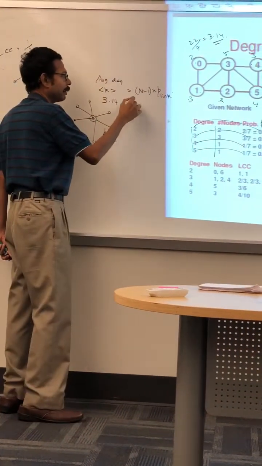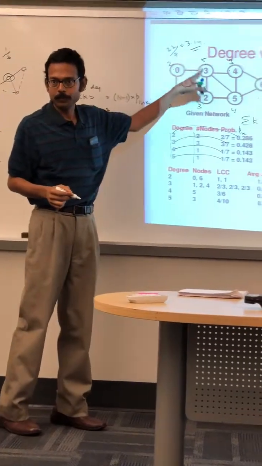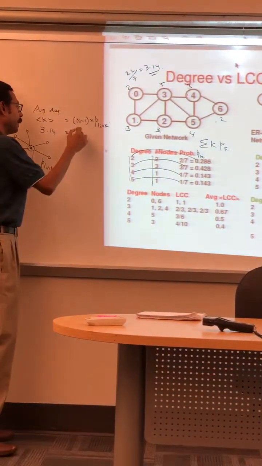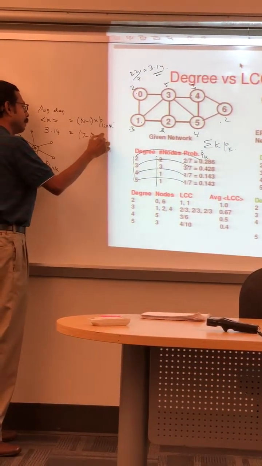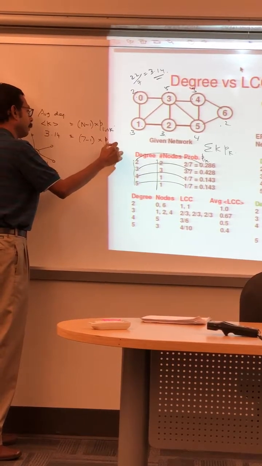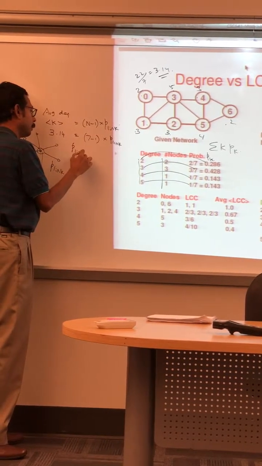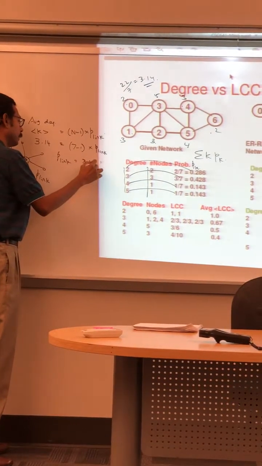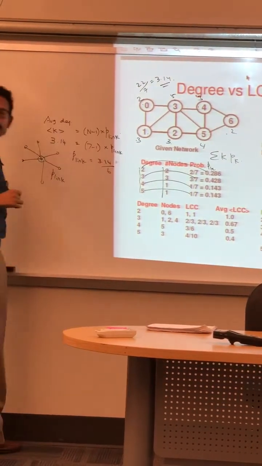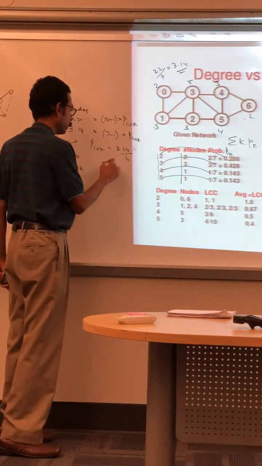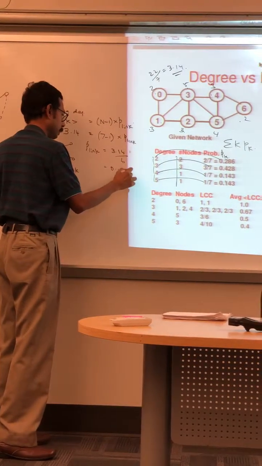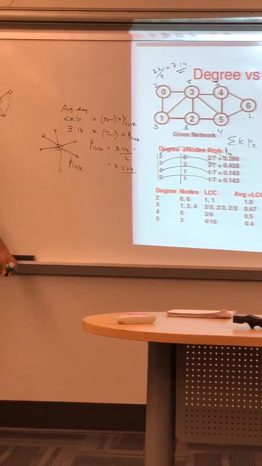And n is what? 7 vertices. So it's going to be n minus 1, 6 times p link. So using this, we can find the probability for a link between any 2 vertices. So this is like 0.524 that we used before.